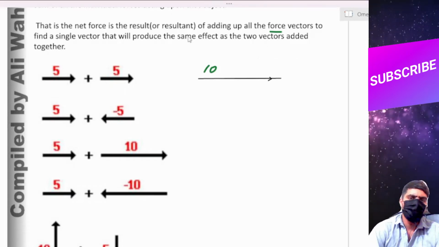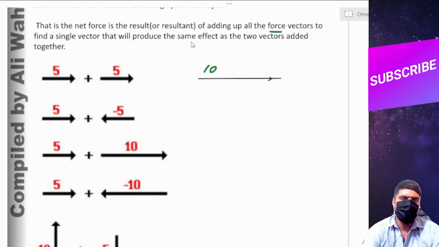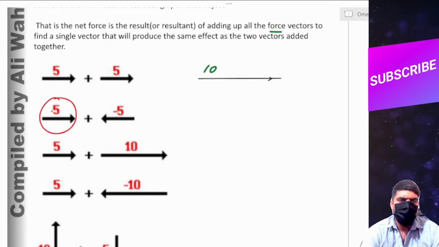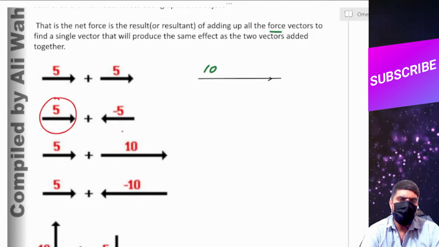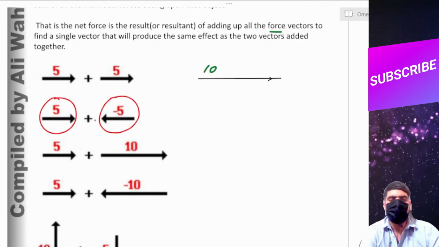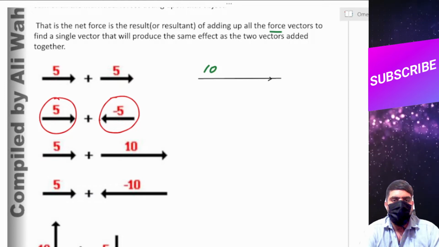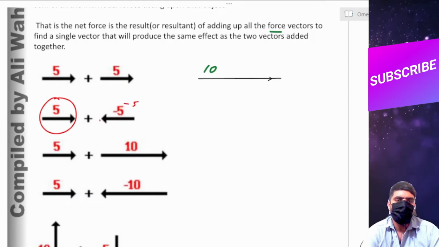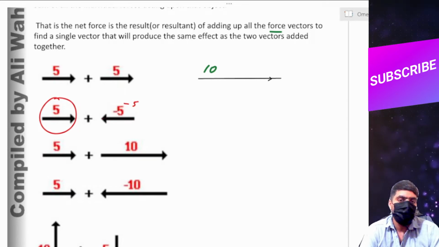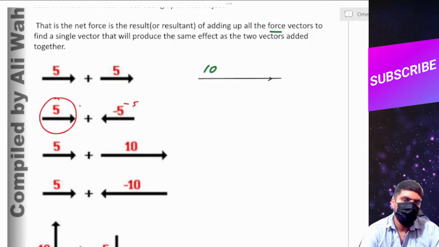Moving on to the second example, we have a vector of 5 Newton towards the right side, and there's another vector of negative 5 Newtons towards the left side. Since this one was minus 5, the direction of the arrow is opposite to the direction of the first one.